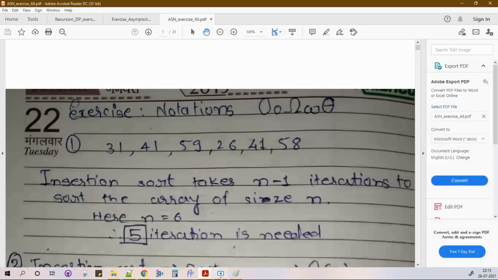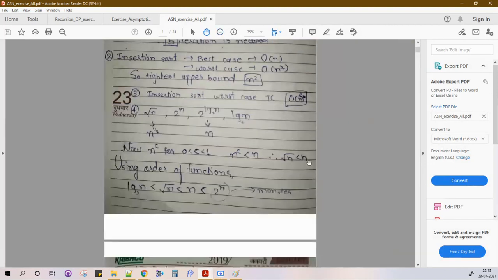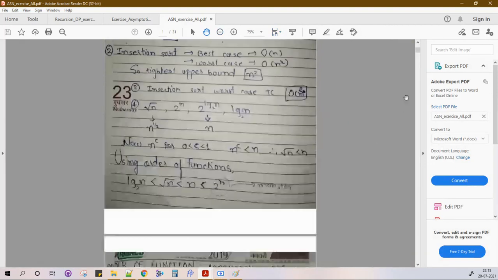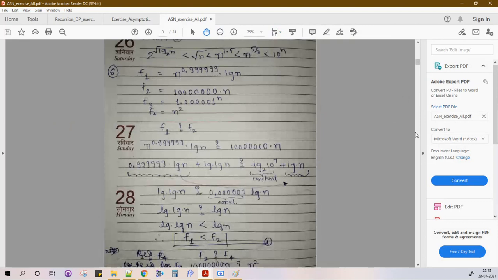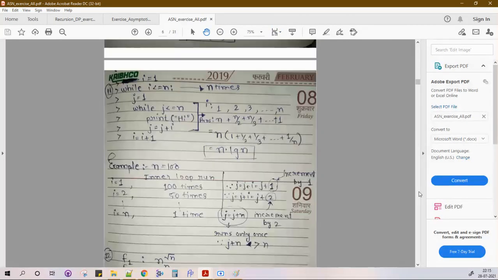I want to highlight one thing here. It is a very basic thing, but there is a higher chance that we make a mistake, because I was also making one.